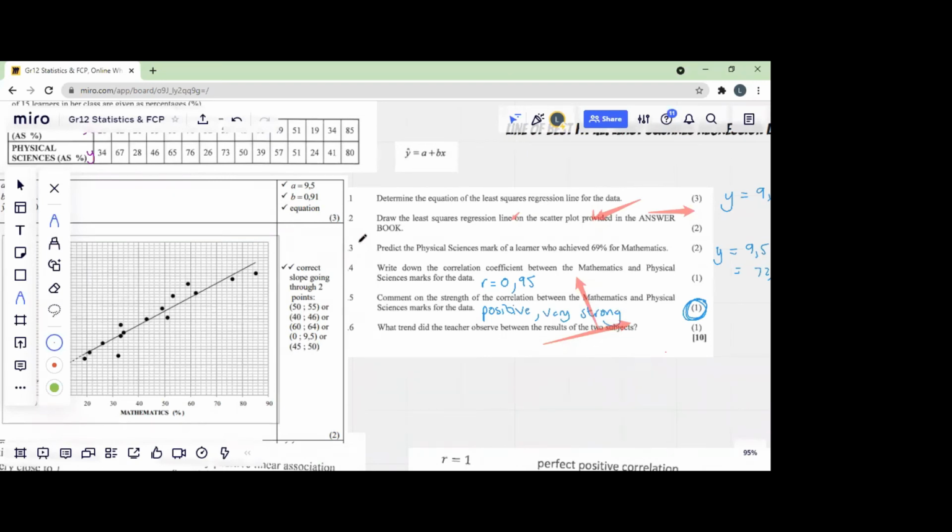Last question: what trend did the teacher observe between the results of the 2 subjects? Do we know what the word trend means? Do we understand what the question is asking us?